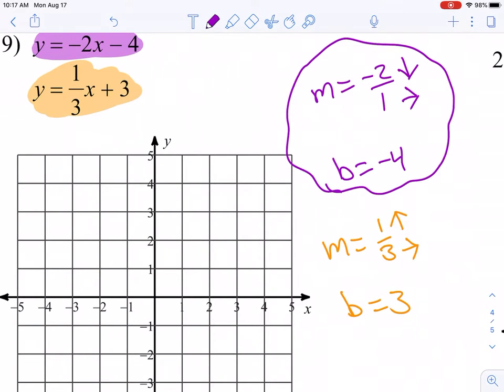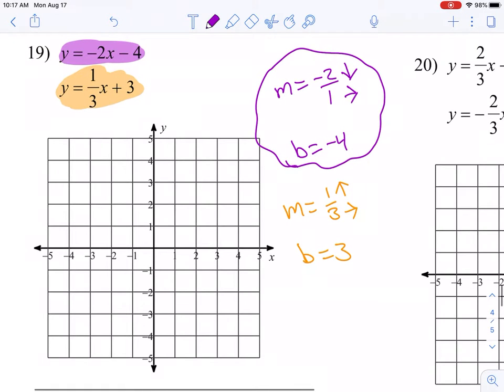B equals -4. So I have to begin at -4. And then I'm counting down 2, right 1. 1, 2, oh no, I've run out of graph. Okay. So when that happens, remember we do the exact opposite. We can go up and left. So the opposite of down and right is up and left.